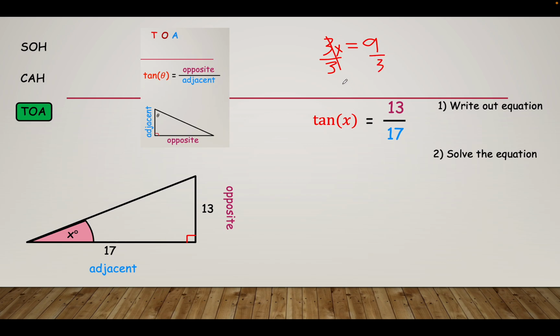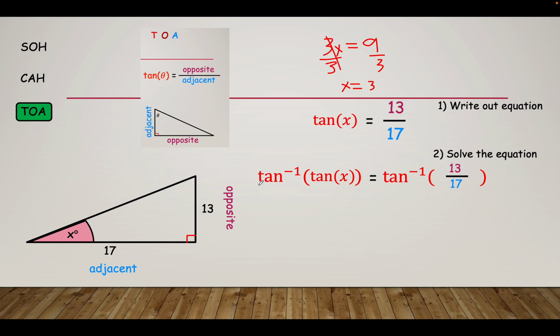I'm bringing back this idea because when we go to solve this equation, we need to do the inverse of tan, which is taking that tan negative 1, doing the inverse to both sides of the equation. So we're going to take the tan negative 1 of this side, the tan of x, and we're going to plug in that 13 over 17 on the right side.